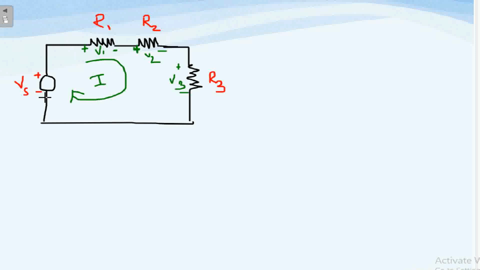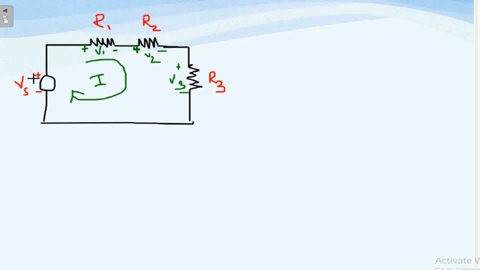Here the current is moving from negative to positive. Negative to positive is nothing but increasing. Let us consider this as increasing. If current moves from positive to negative, consider it as a drop. A drop is nothing but a negative.